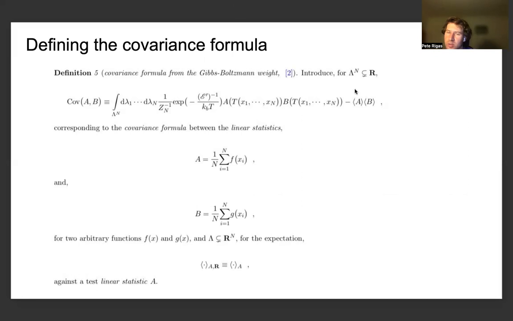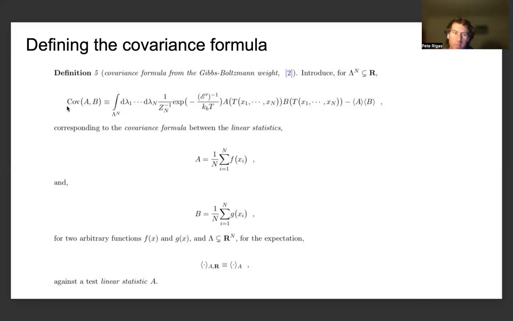We're going to introduce, for some non-empty subset lambda to the big N of the real line, the following expression between the two linear statistics A and B. So we introduce a linear statistic A over N, but we can also introduce another linear statistic B, which is instead given by a summation over some smooth function over the real line, little g instead of f.